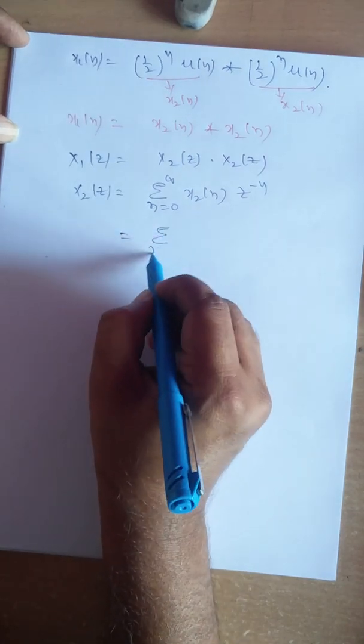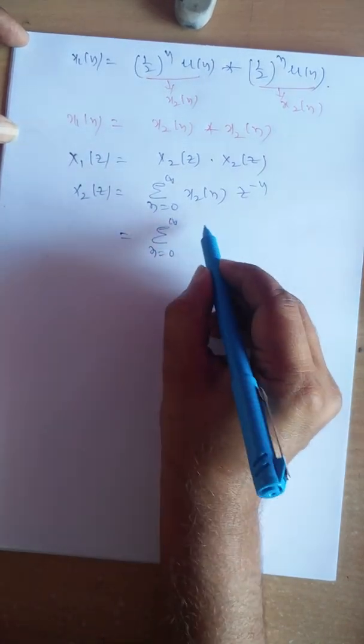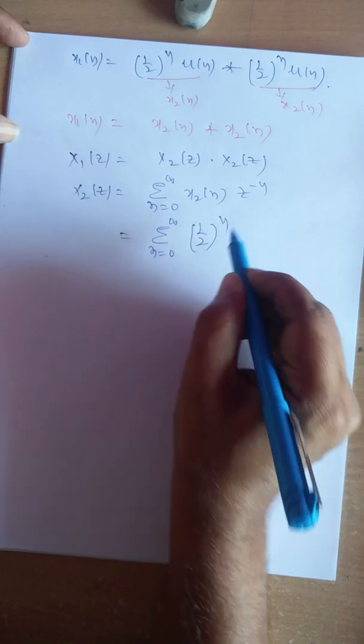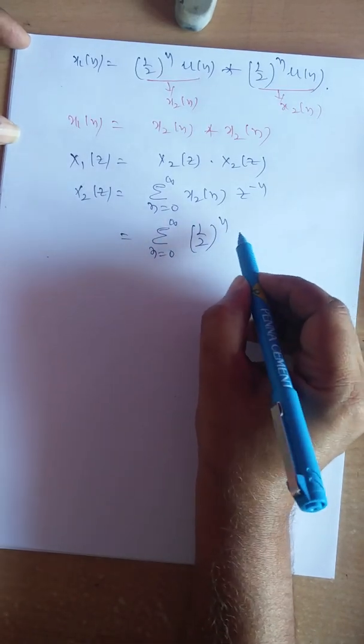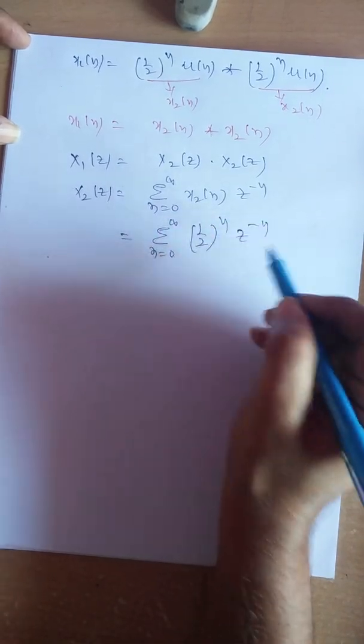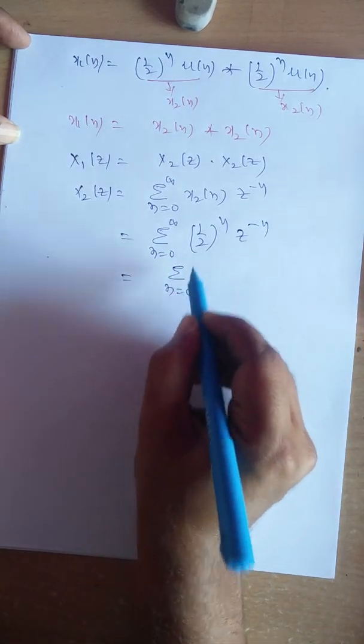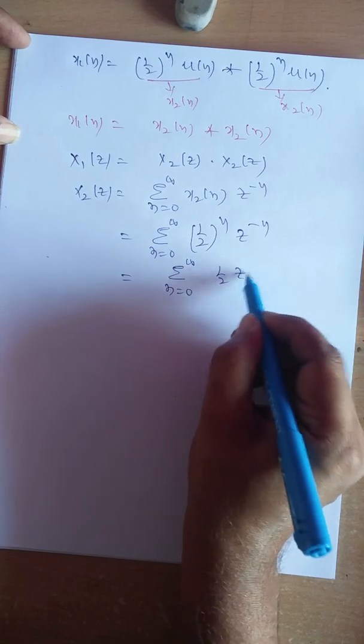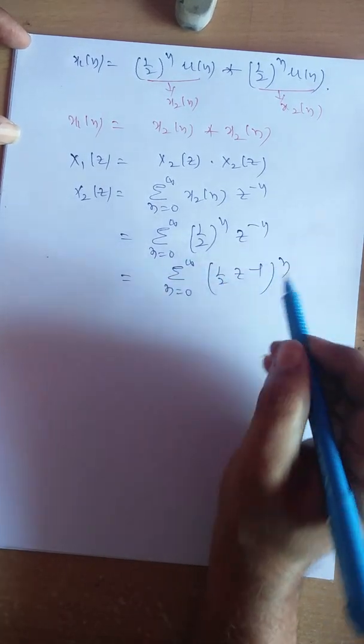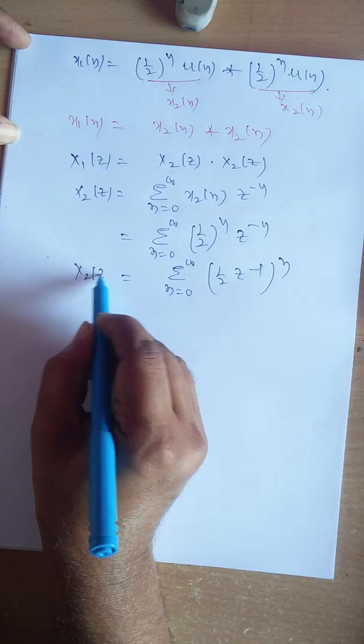That is the summation from 0 to infinity of (1/2)^n u of n, where u of n is 1, into z to the power of minus n. That is the summation of (1/2 z inverse) to the power of n. This is x2 of z.